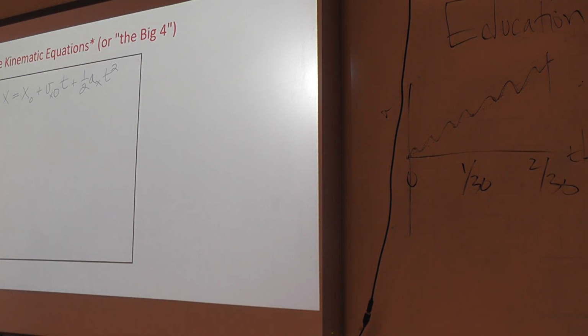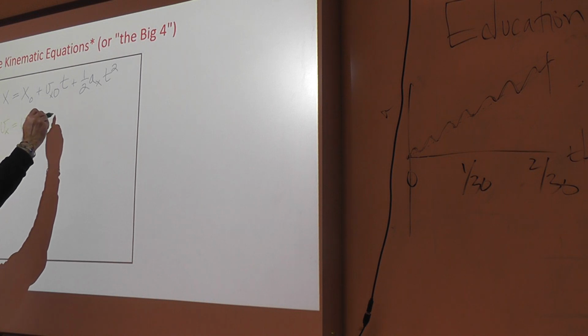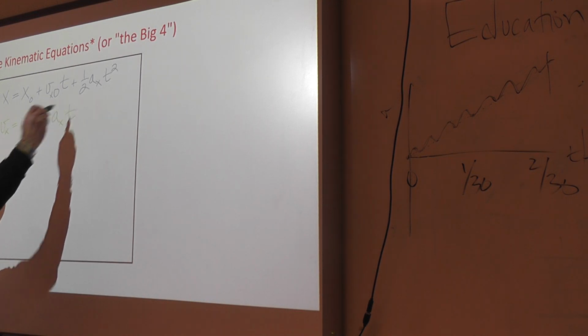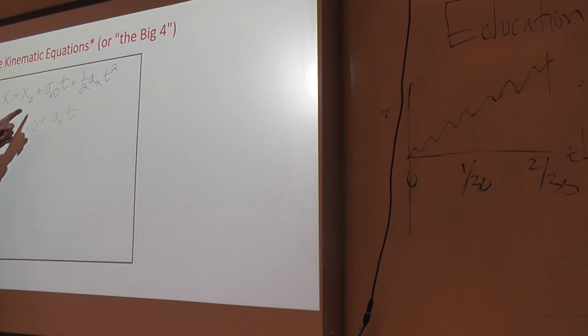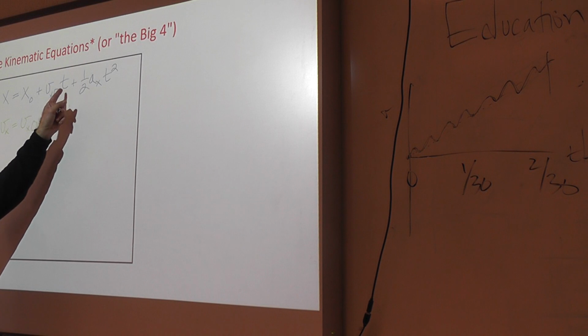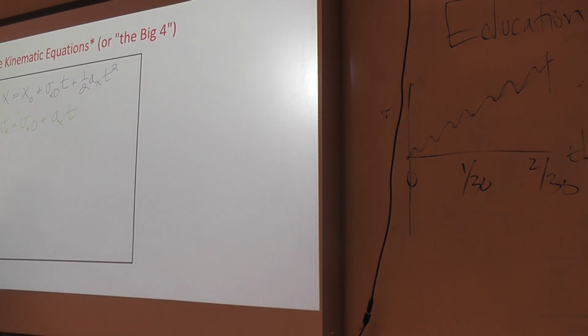Another one of our equations is also obvious from the graphs that we looked at. The final velocity of an object in any dimension is going to be equal to its initial velocity in that dimension plus its acceleration times the amount of time that went by. This is our equation, our parabolic curve that you get when you graph position as a function of time when you have constant acceleration.